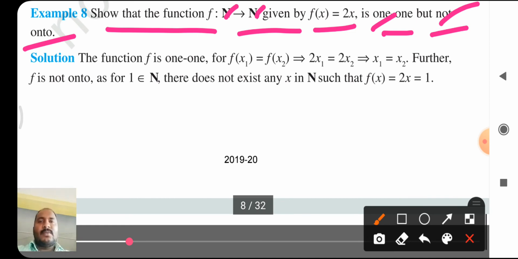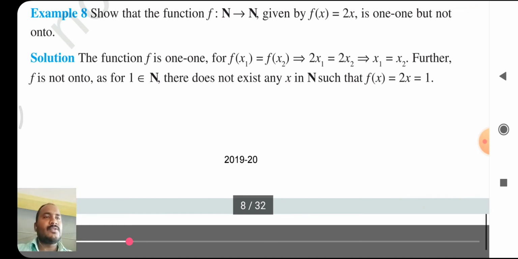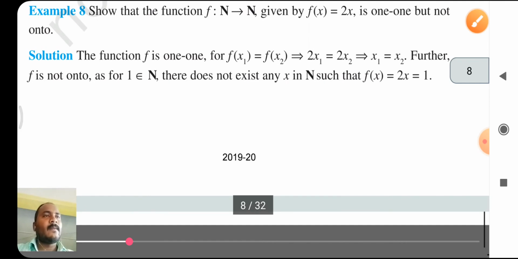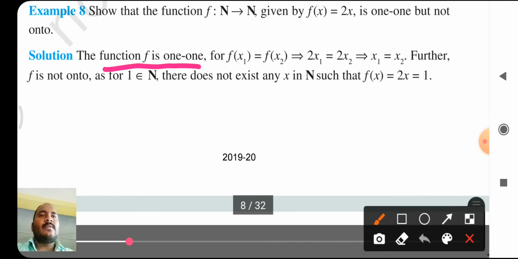Solution. f is a one-one function if f of x1 is equal to f of x2 implies x1 is equal to x2. Put x is equal to x1 in the given function, we get f of x1.